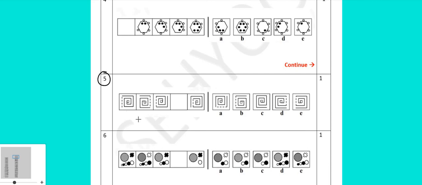All the shapes rotate in an anti-clockwise direction and alternate white or black with each step. So all the shapes are rotating in an anti-clockwise direction. It is like this, then this, then this. Therefore, which one will we have as our fourth option?